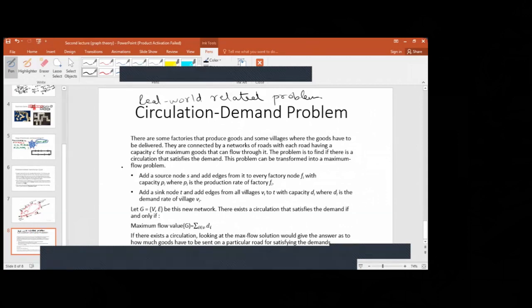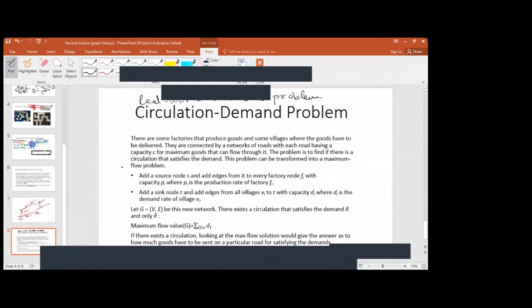There are some factories that produce goods and some villages where the goods have to be delivered. They are connected by a network of roads, with each road having a capacity C for the maximum goods that can flow through it. The problem is to find if there is a circulation that satisfies the demand. This problem can be transformed into a maximum flow problem.